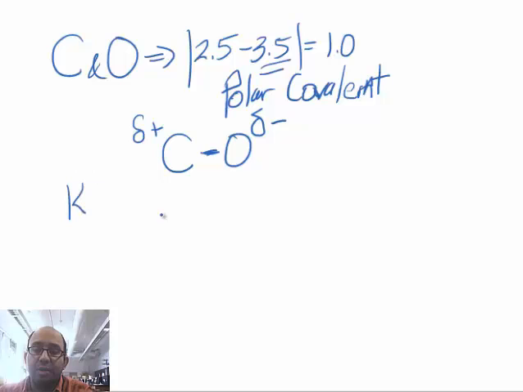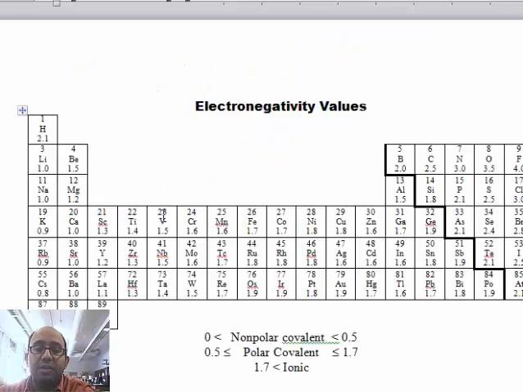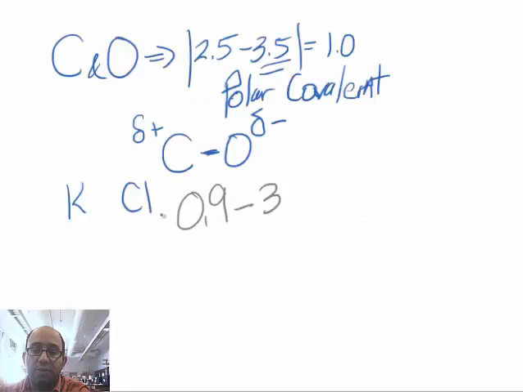So let's do another one. We'll do potassium and chlorine. So we look on our electronegativity table. You notice that potassium's value is 0.9 and chlorine's value is 3.0. So you subtract those two values from each other and take the absolute value. 0.9 minus 3.0, take the absolute value, and you get 2.1.